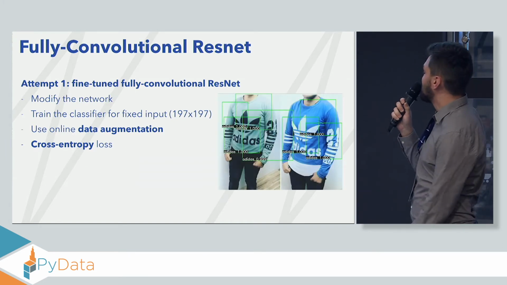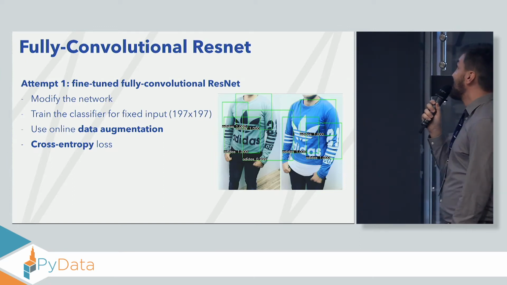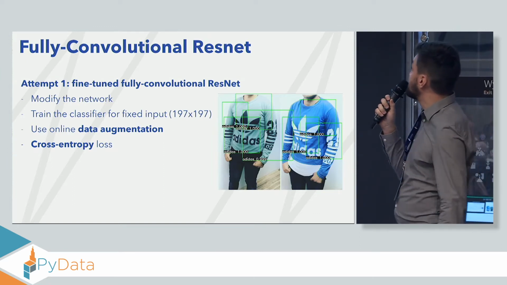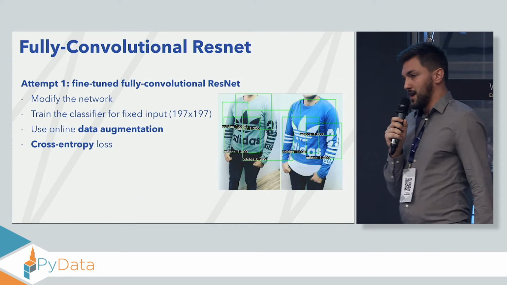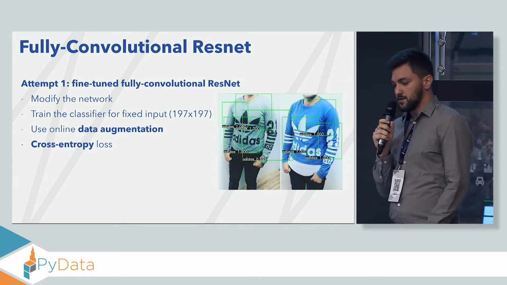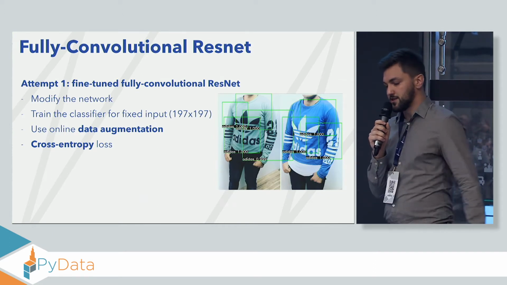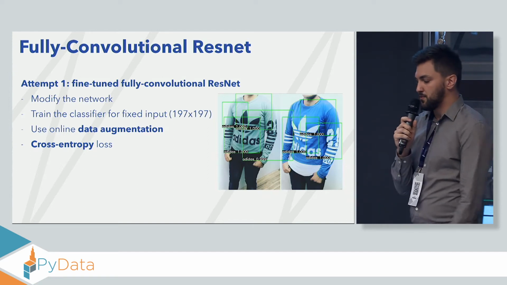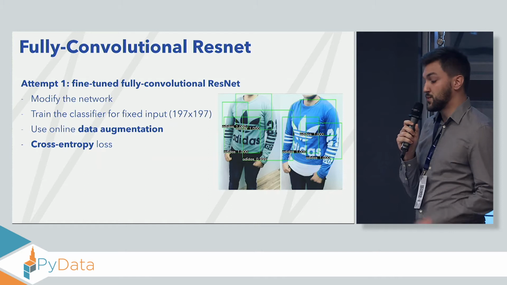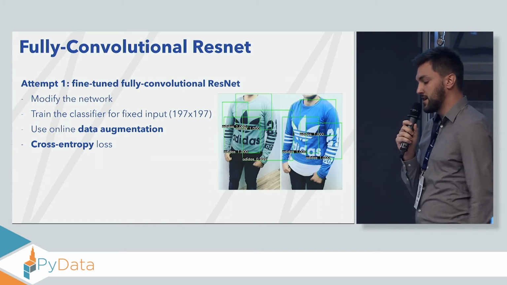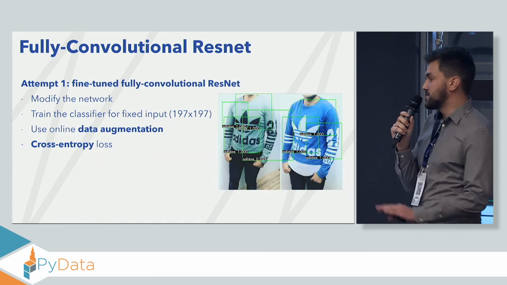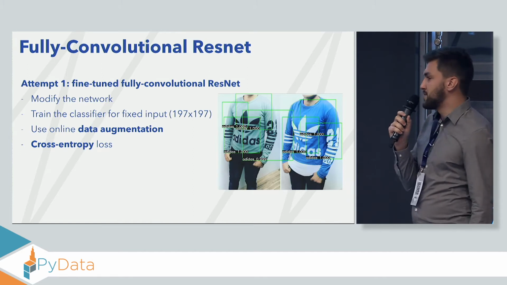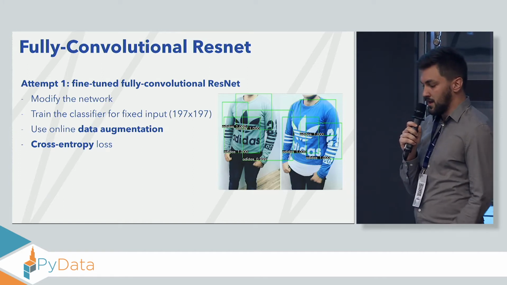So this is not exactly what we wanted, because we wanted a very precise location. Although the classification is good, the location is not what we wanted. And this might be partly because of this data augmentation that we needed because we didn't have a lot of data. But it could have introduced some problems with localization.